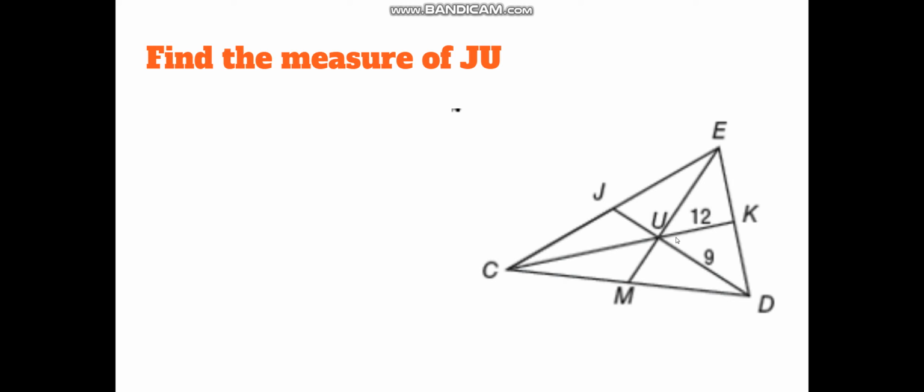So we go 1, 2, and then the 3rd is the last leg. So knowing that, to find JU, 2 JUs is 1 UD. We know that UD is 9. So when we divide both sides by 2, we find out that JU is 4.5.